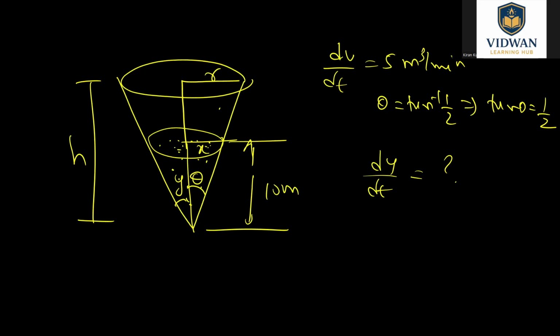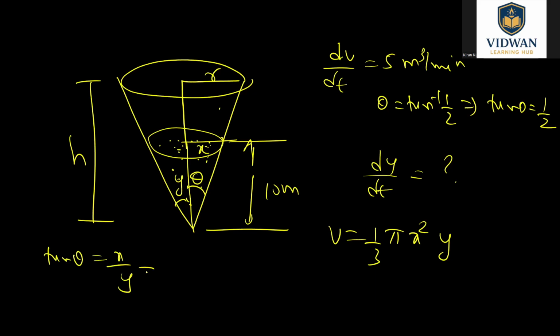Only thing you have to know is the volume of cone formula. And we have to take the volume of not the original cone, but this cone for which x and y are varying. So 1 by 3 pi x square y. So this is the formula. And how are x, y, R and H related? From this small triangle, tan theta is x by y.